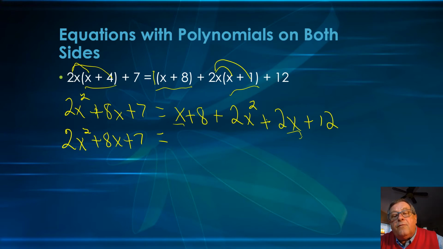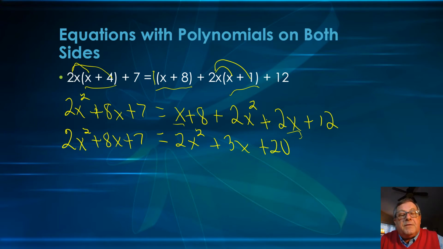And let's see, I'm going to go ahead and write this in standard form. So I only have the 2x squared. And then the x plus the 2x is going to give me 3x. And then the 8 plus the 12, combining those like terms, is going to give me positive 20.